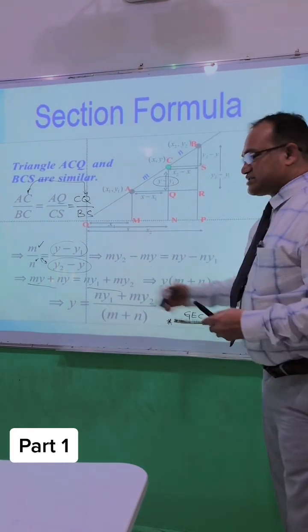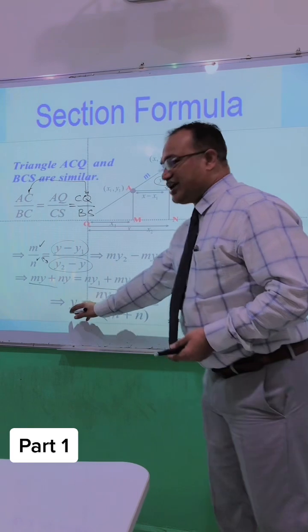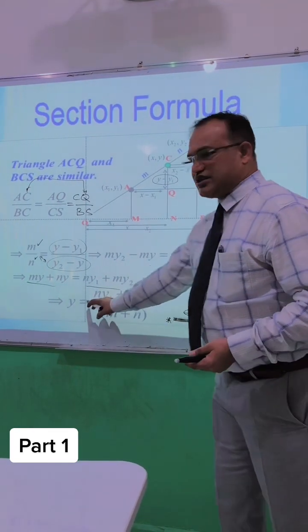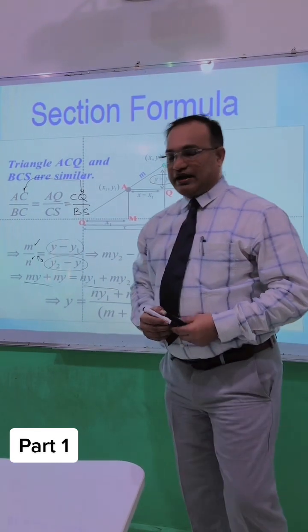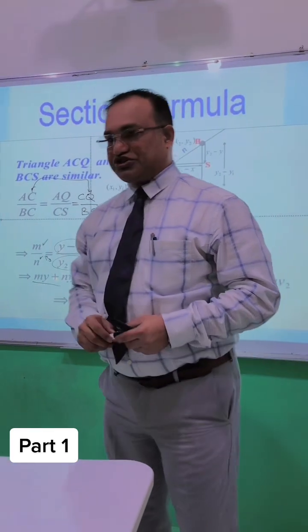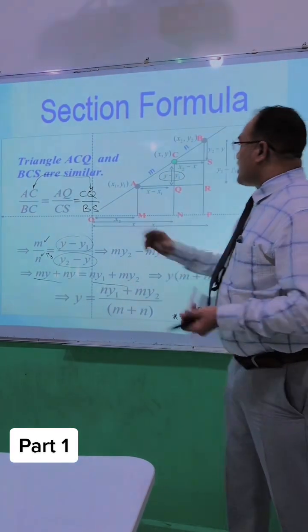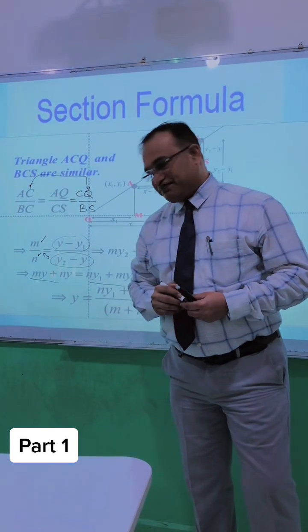Taking the proper ratio, we get y equals (my2 plus ny1) by (m plus n). So this is the coordinate y, where this point C intersects the side AB.